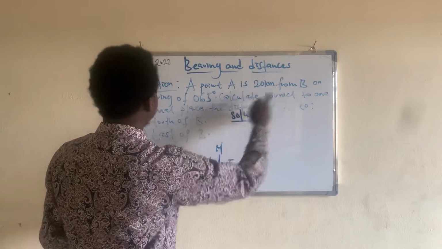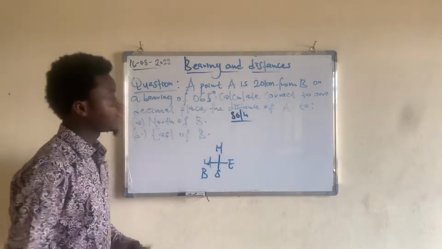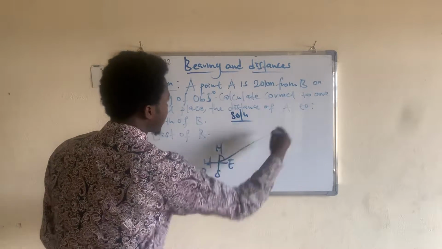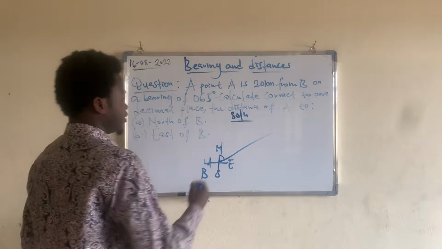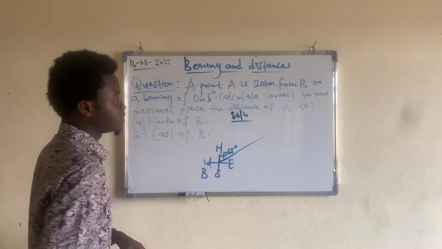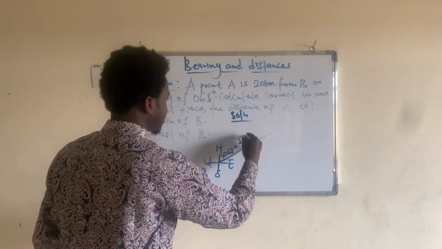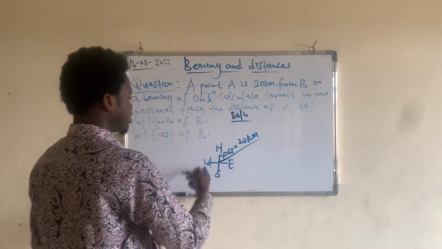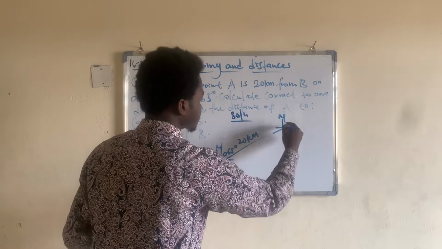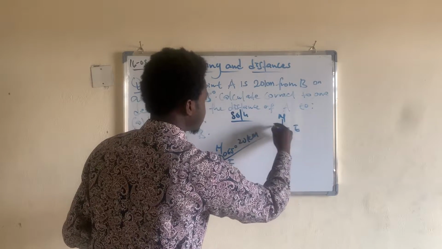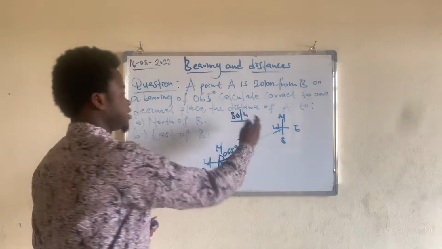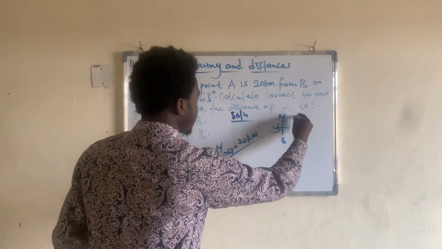It is on a bearing of 065 degrees, so I'll create a small arc and draw a line this way. 065 degrees, 20 kilometers, that's the distance. So A is 20 kilometers from B, and this point here is point A.